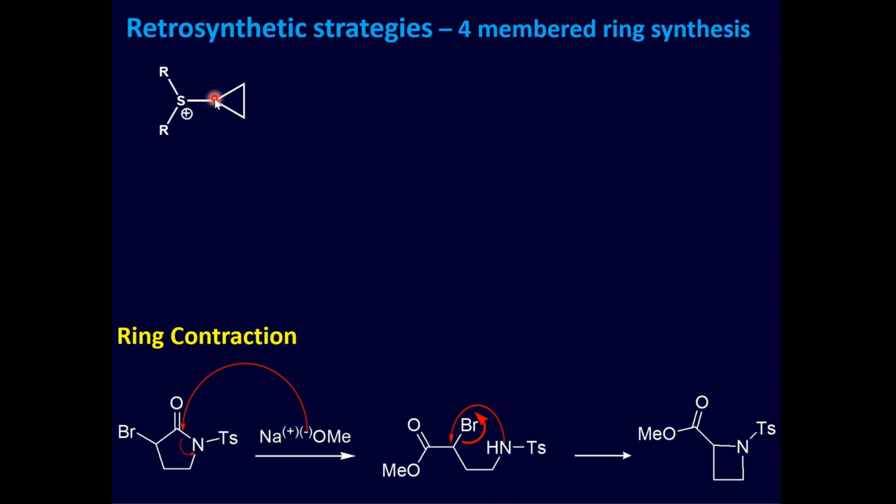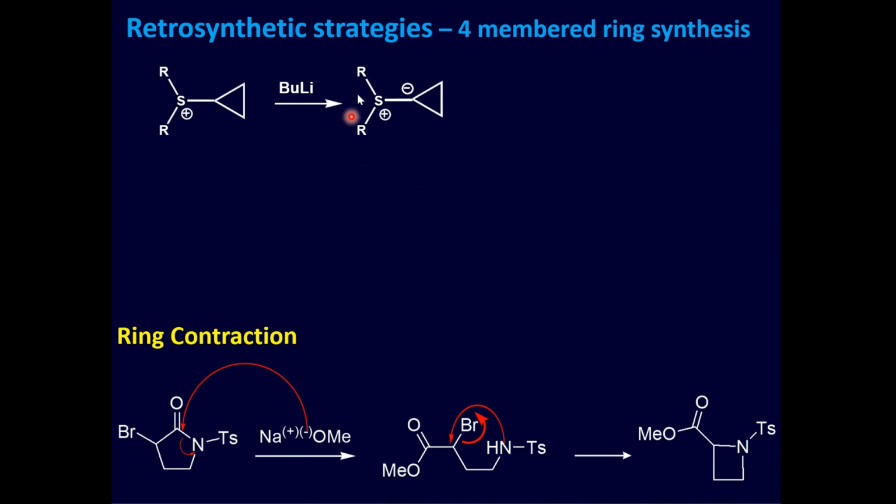This is acidic enough to lose the proton. That's why I treat with n-butyl lithium, a strong base, which abstracts the proton from the carbon which is adjacent to the heteroatom, giving rise to an electron rich carbon, that is a carbanion.